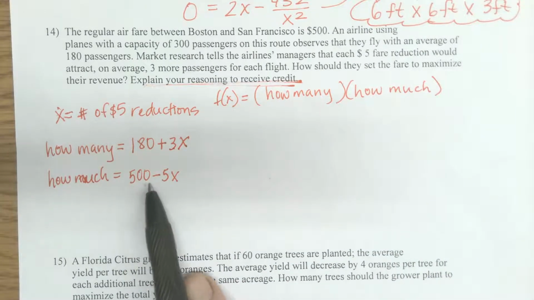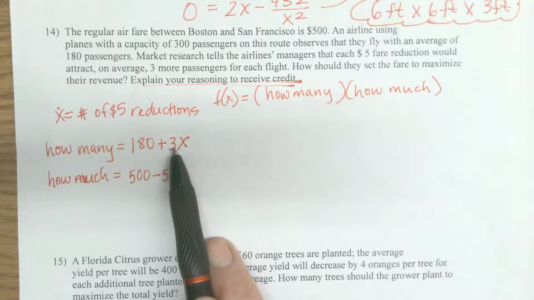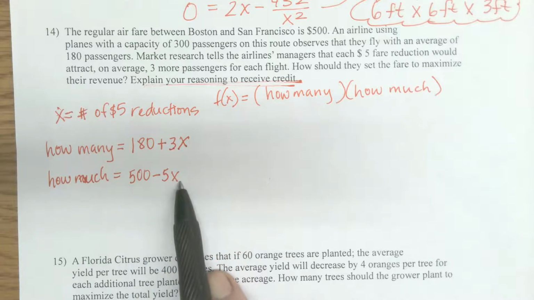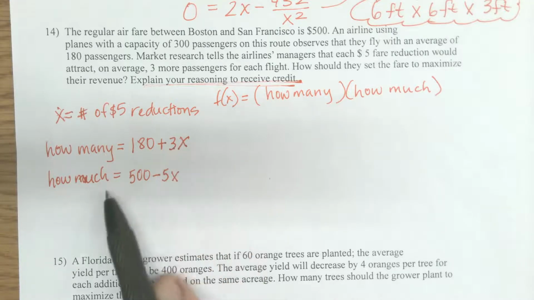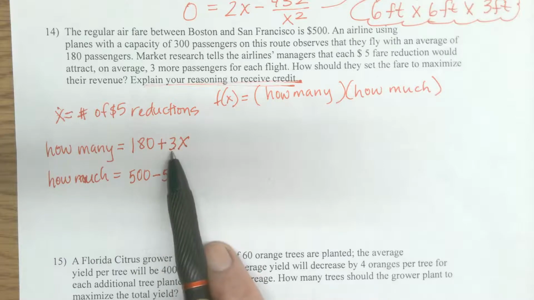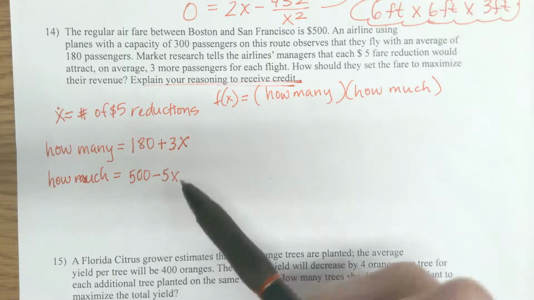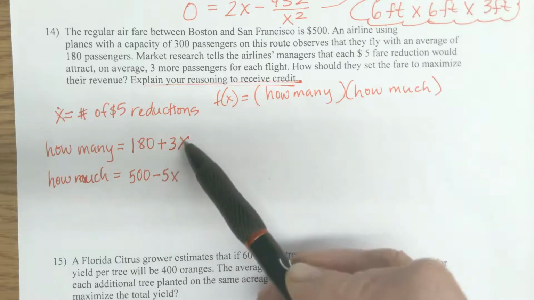So again, if I drop it $5, I'll get 3. If I drop it $10, I'll have 6. If I drop it $15, I'll have 9 more people. So each reduction of 5 will add 3 more customers.